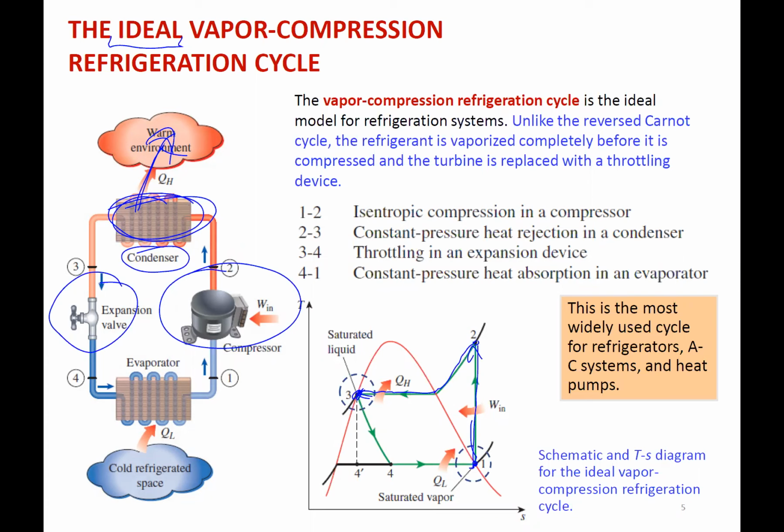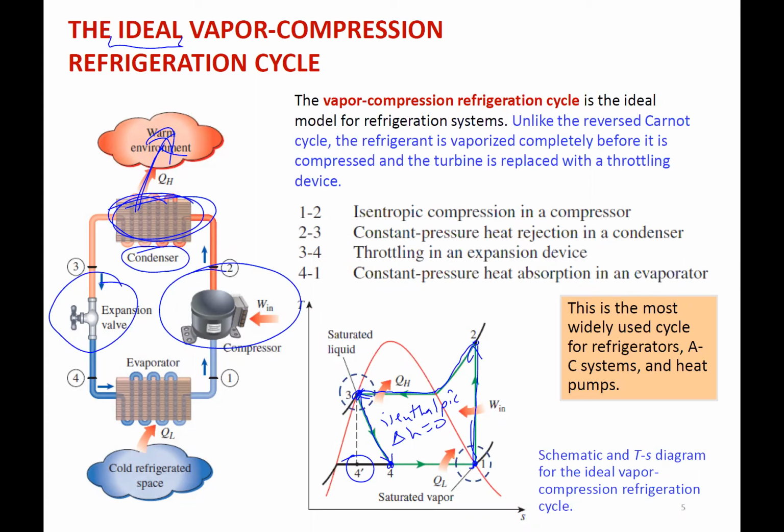And we get to this saturated liquid and we send it through the expansion valve, which is an isenthalpic device, right? Constant enthalpy, so isenthalpic. So where delta H is 0, we go through and we get to 4. We would have been at 4 prime if we had a turbine, okay? But we can't practically.